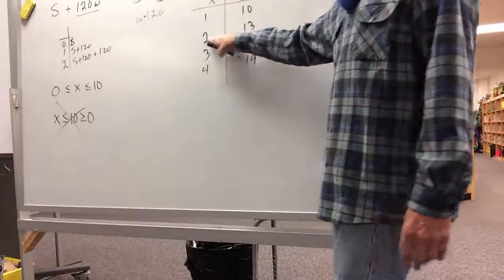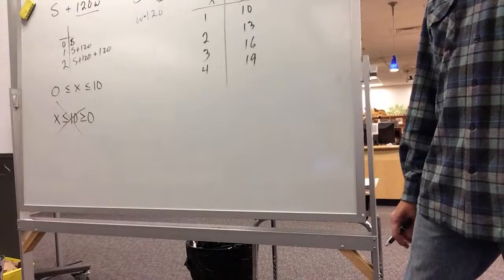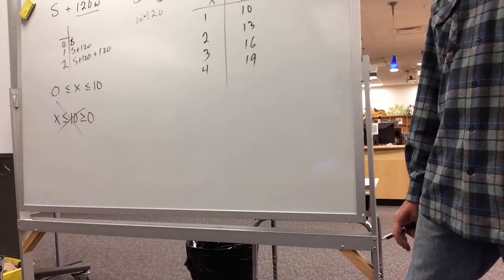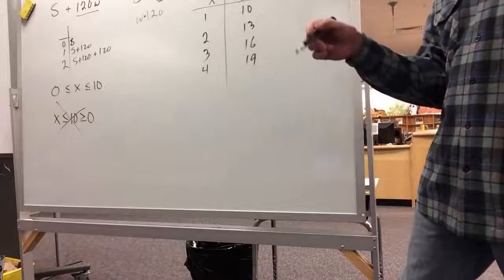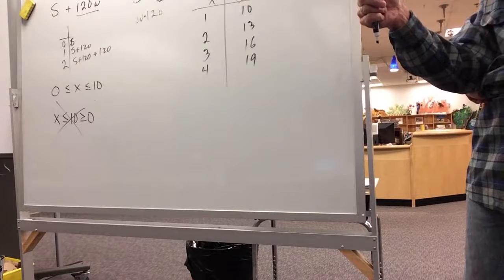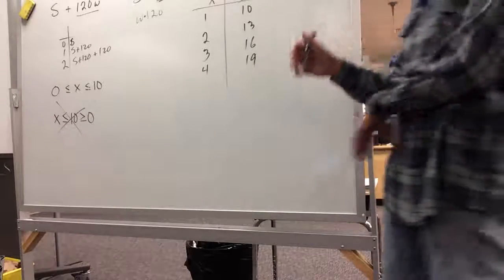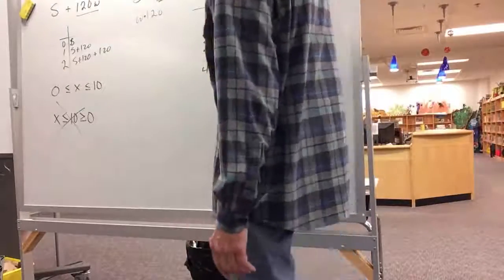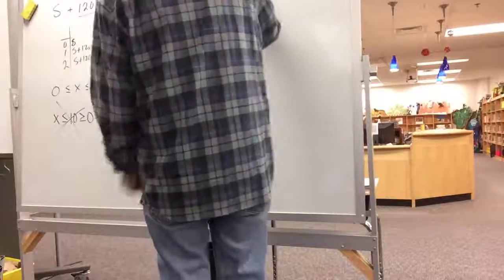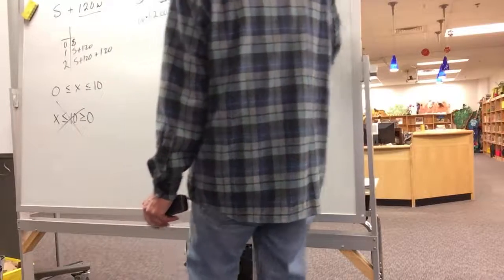The same rule has to take a 2 and give you a 13. What is it? X times 3 plus 7. Okay. So you take this number, you multiply it by 3, and then you add 7, and then you get this number.